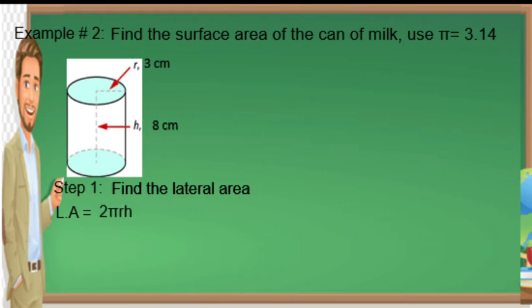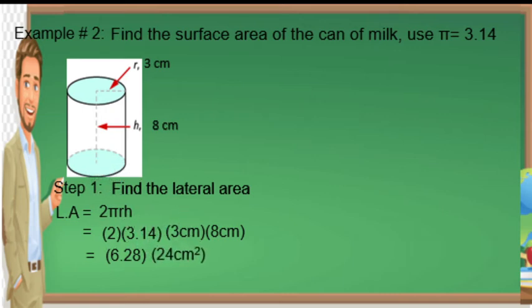And to substitute the value, that is 2 times 3.14 times 3 times 8, which is equals to 2 times 3.14 is equals to 6.28 times 8 times 3 is 24 square centimeter.